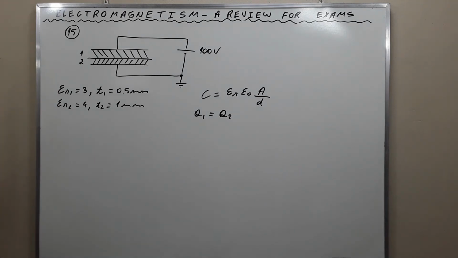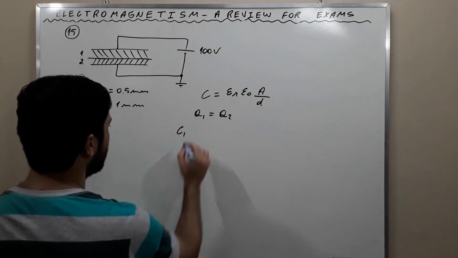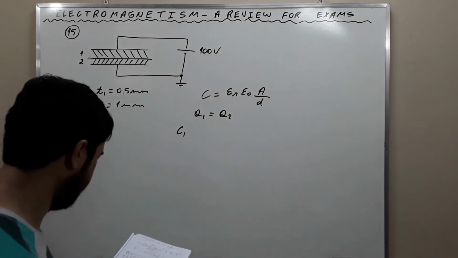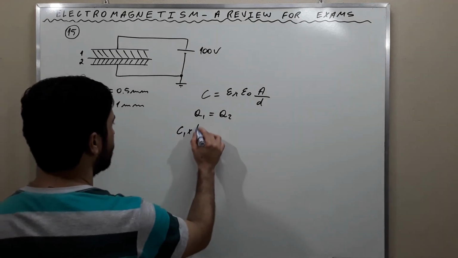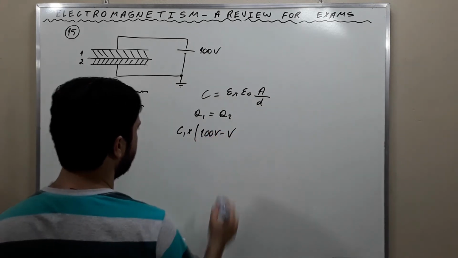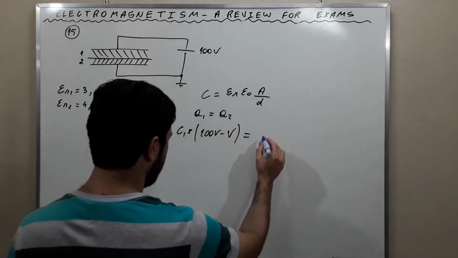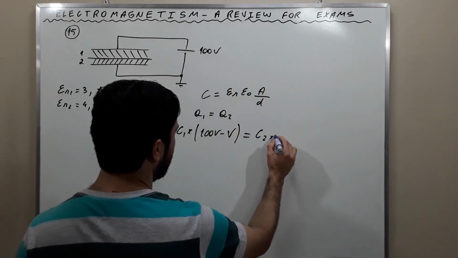Okay? Which means that capacitance 1 times 100 volts minus V is equal to C2 times V.